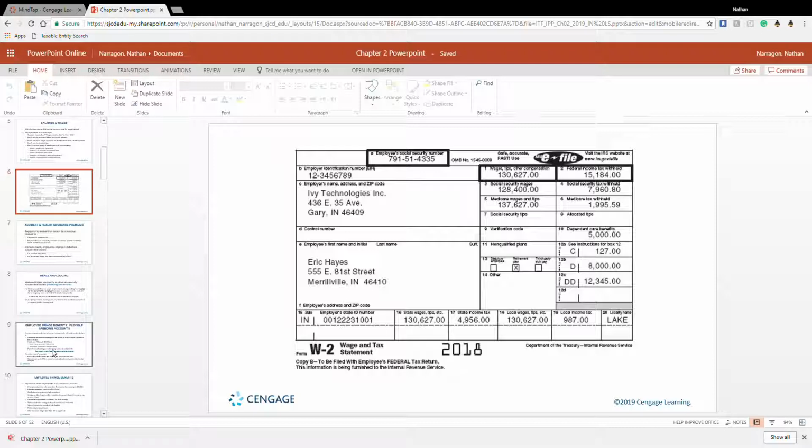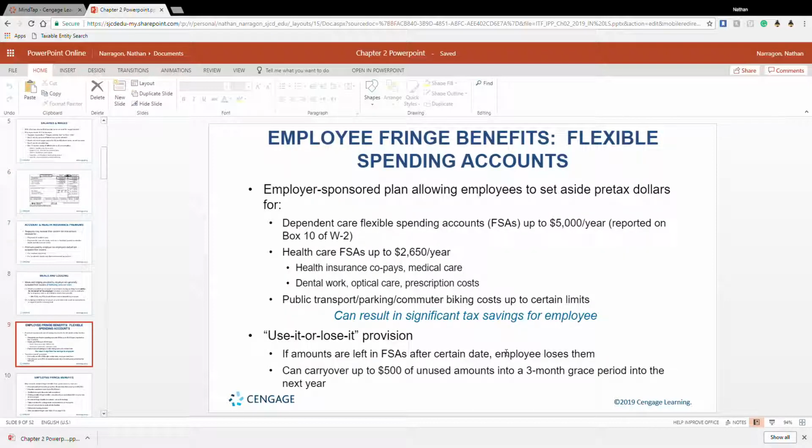So back to this. They also have a use it or lose it provision. If any amounts are left in the FSA after a certain date, employees lose them.